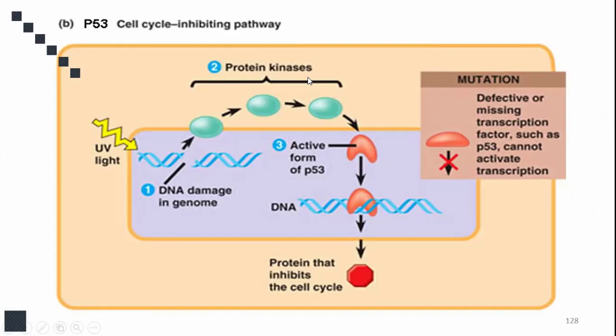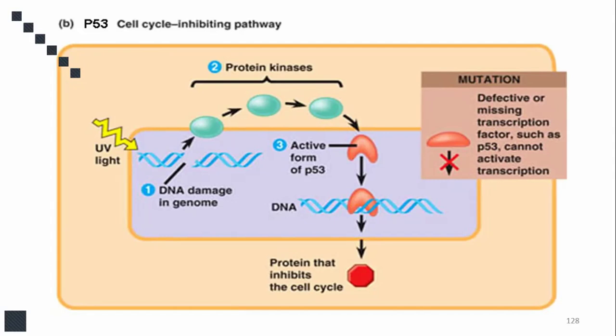Now, the other regulatory pathway is what is called the p53 cell cycle inhibiting pathway. And you recall that we say so many things in the environment can initiate or trigger this, e.g. ultraviolet radiation can cause damage in the genome. And then these protein kinases can trigger all sorts of things.